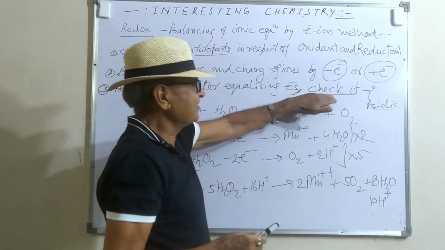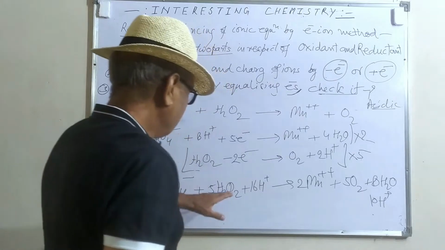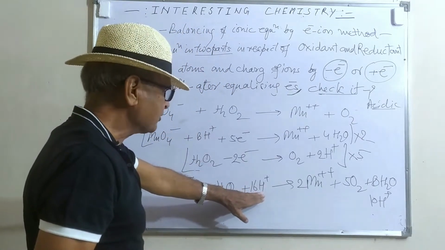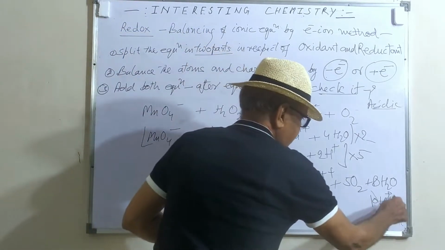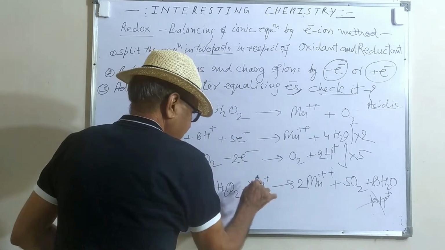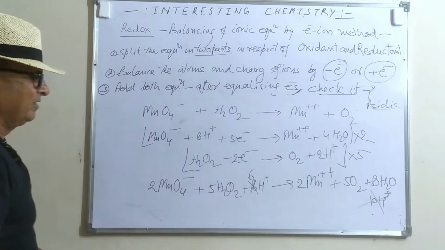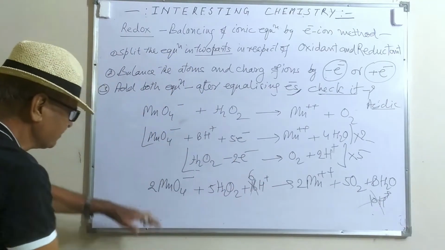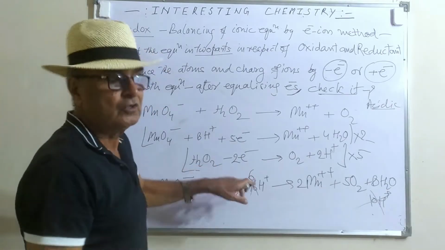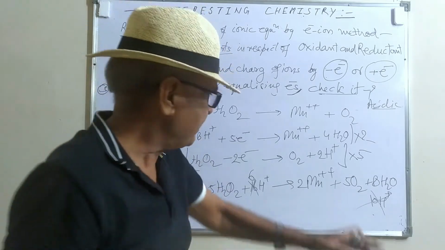Now check it. Here we find that there are 16H and 10H. So cancel this 10H from 16H. So here you can write 6H. Again you will write the next equation with the help of 6H. You have to do the fair work. My work is only to make you understand.